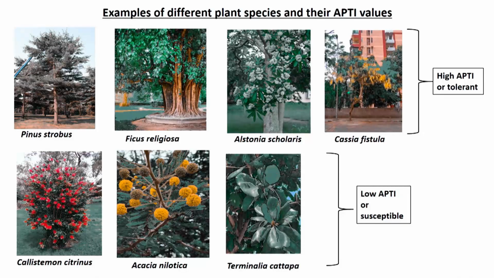These have high APTI, or are tolerant. If you plant these kinds of plants, they will survive even if air pollution is high. Of course, the first thing should be that we should not have high air pollution, but if it is high, these plants can be very useful.